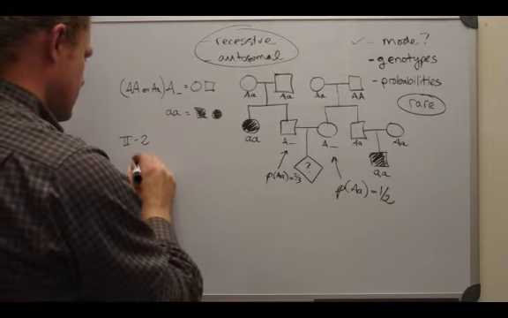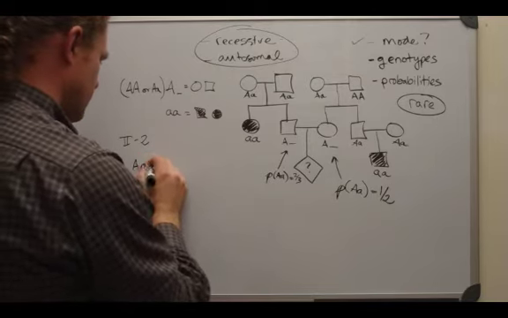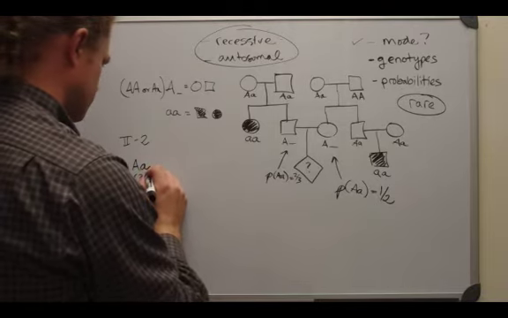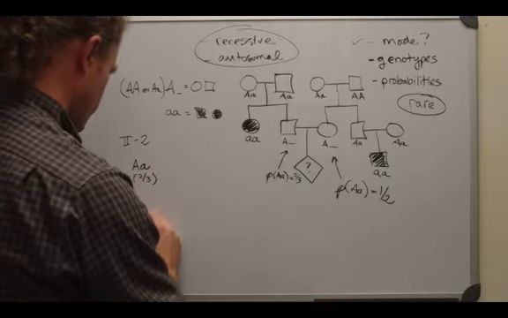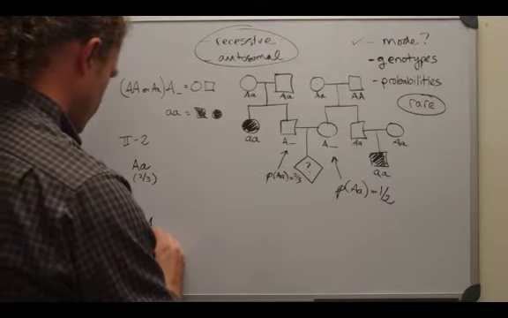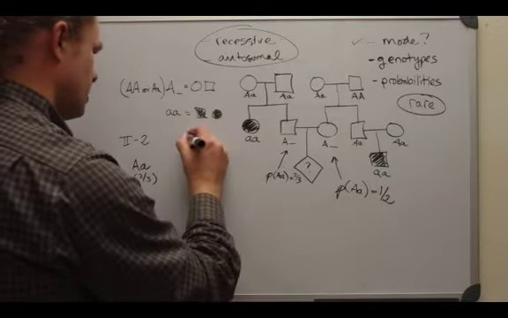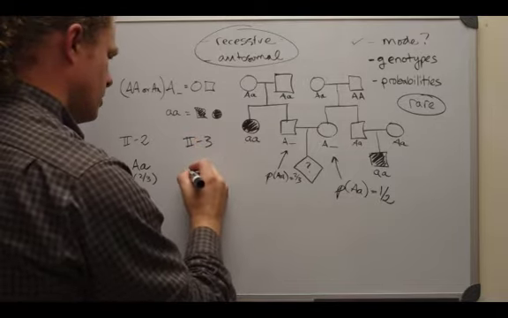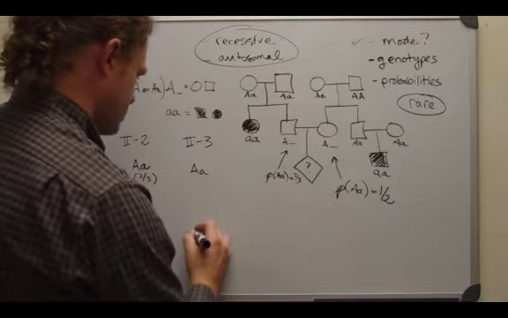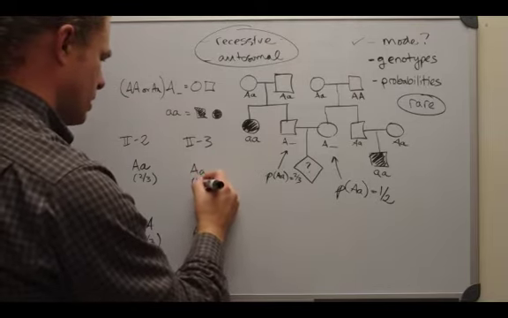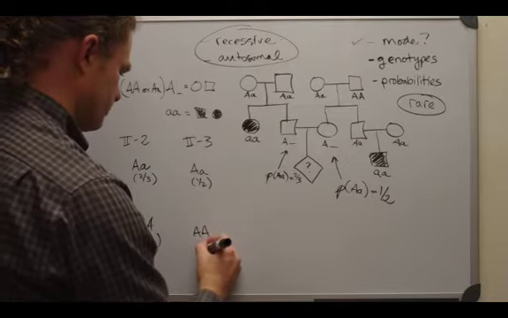They might be big A, little a, and that has a probability of 2/3. Or they might be big A, big A, and that would have a probability of 1/3. Now 2-3 also could be either heterozygous or homozygous dominant, except now the probabilities are 1/2 and 1/2.